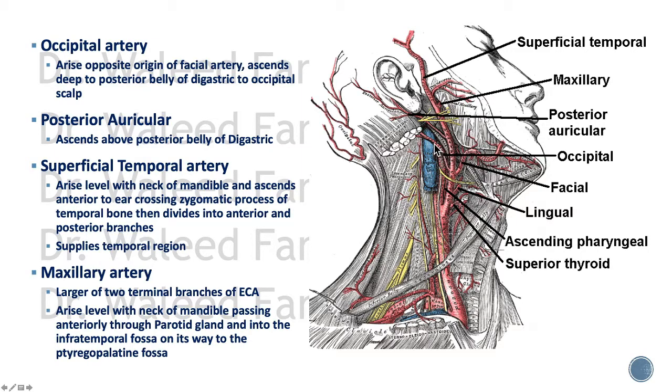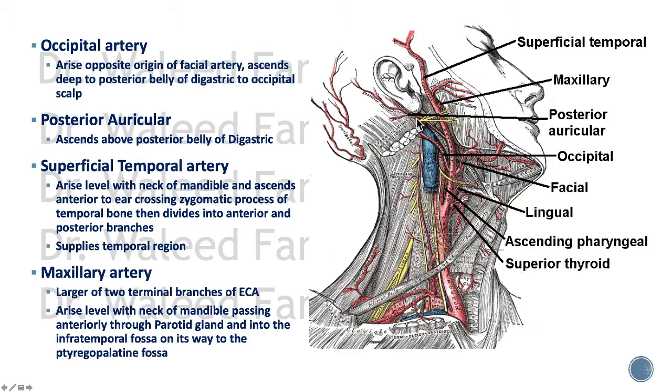Anyways, it's related to the posterior belly of digastric, deep and inferiorly. So don't forget that, because there is another artery from the posterior aspect of the external carotid, which is the posterior auricular, this one. See, it goes behind the auricle and supplies the area.